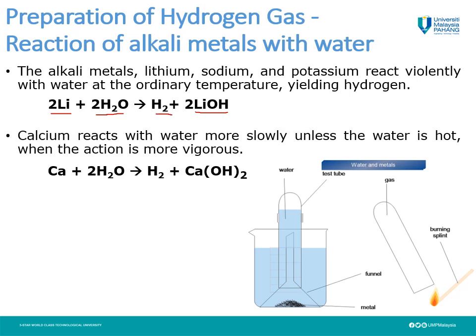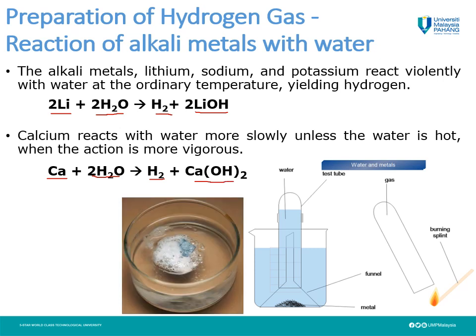Calcium reacts with water more slowly unless the water is hot, when the action is more vigorous. Calcium reacting with water will also produce hydrogen gas and calcium hydroxide. This is an example of metal in water.